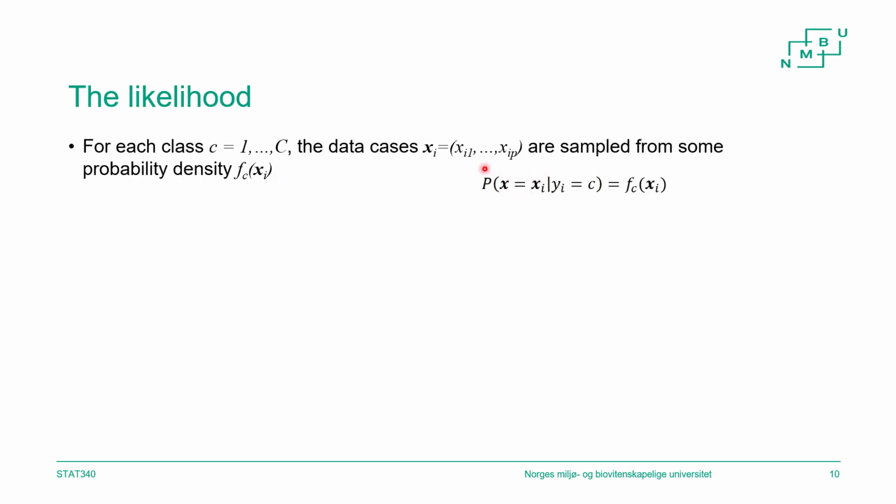So we can say that this likelihood can be written like this. It's a probability density function for each class. And this means the joint probability, not the conditional probability, but the probability of having this X data together with this class, simultaneously, will simply be this times the prior probability of each class.